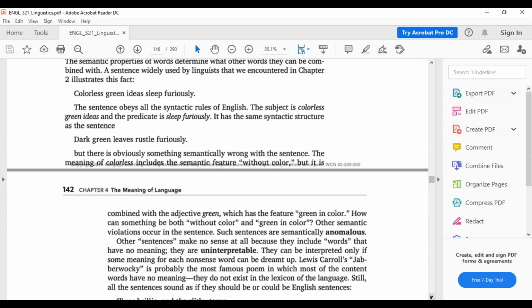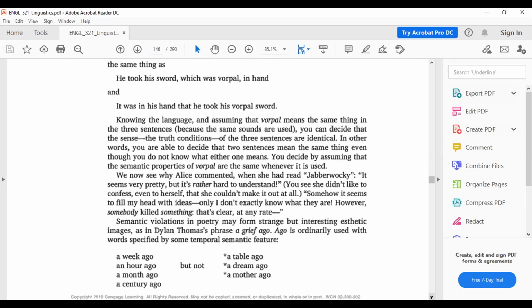We said that if something is colorless, then it can't be green, and ideas don't have colors, and ideas don't sleep, and they don't sleep furiously, angrily. So in this case, we say that this sentence is anomalous. Anomalous means uninterpretable. I mean, it is wrong, it doesn't have meaning. So this is the meaning of an anomalous sentence.